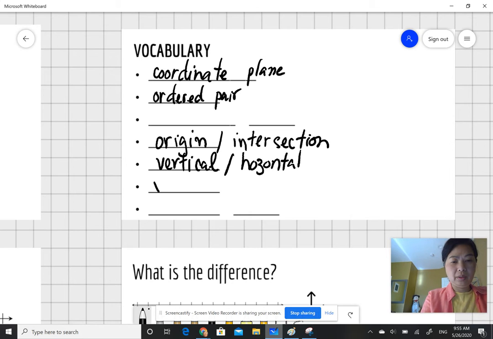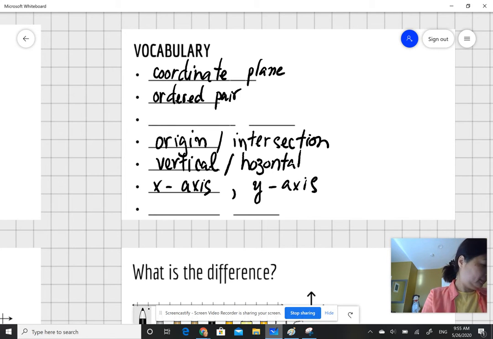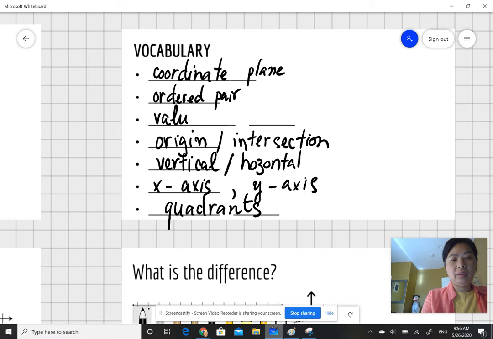We also learn about x-axis and y-axis. We also learn about quadrant. Then we also know that the coordinate planes have the values, right? Those are numbers.